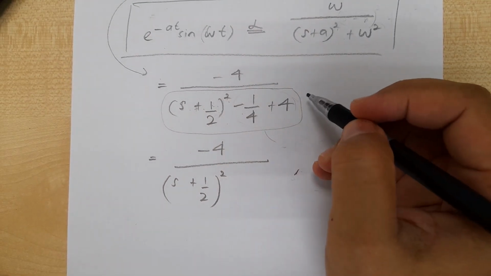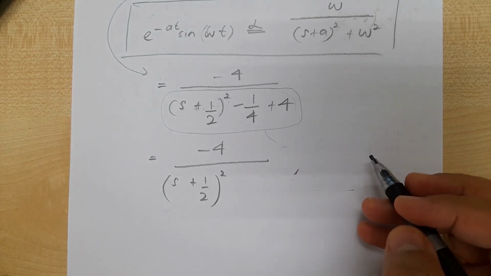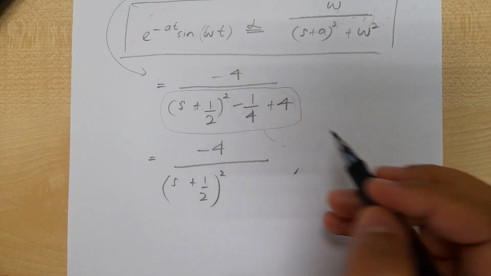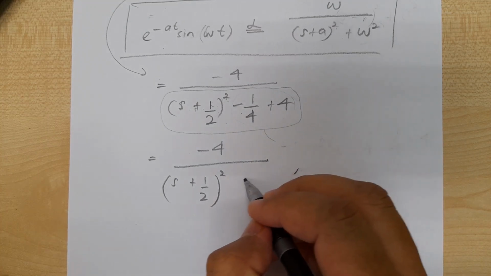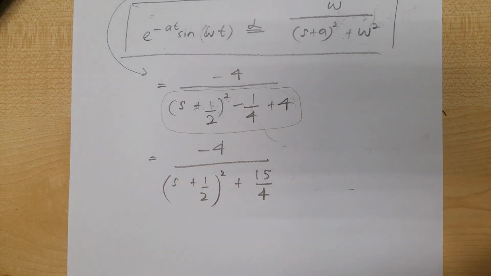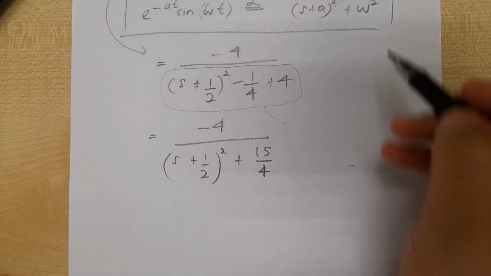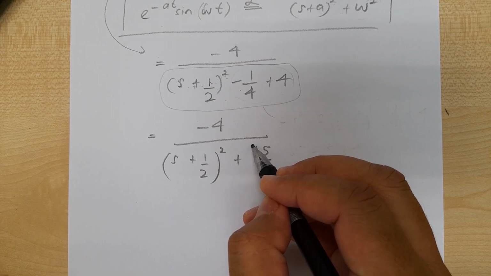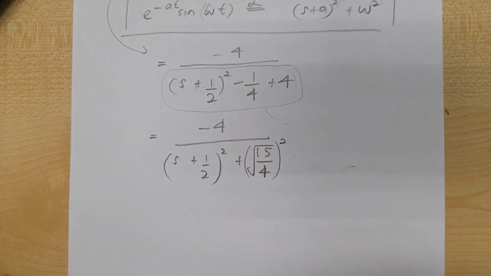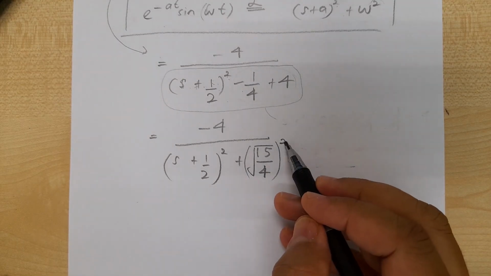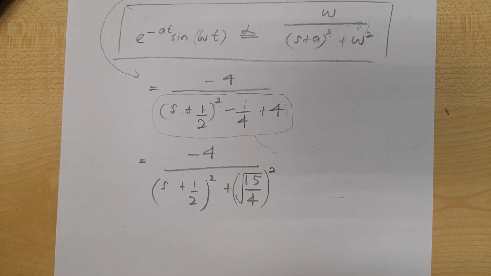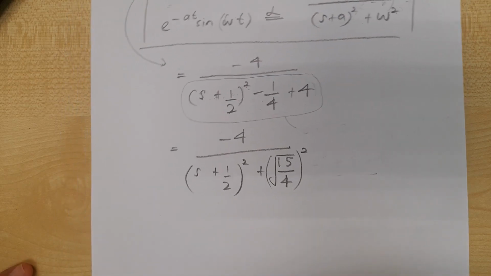We can have 4 times 4, 16, minus 1, that is 15, so plus 15 over 4. To make it squared, you simply square root this value and put the square here. Now we are almost there.